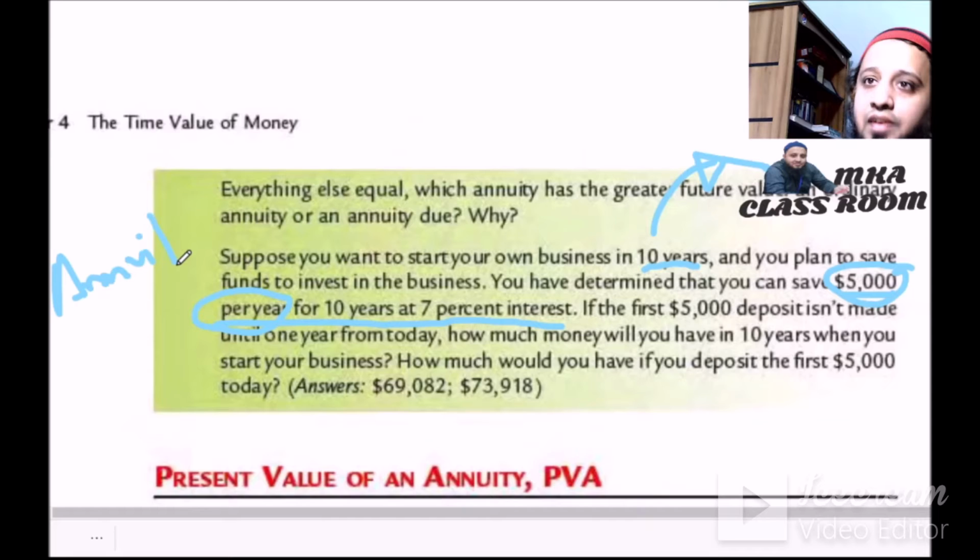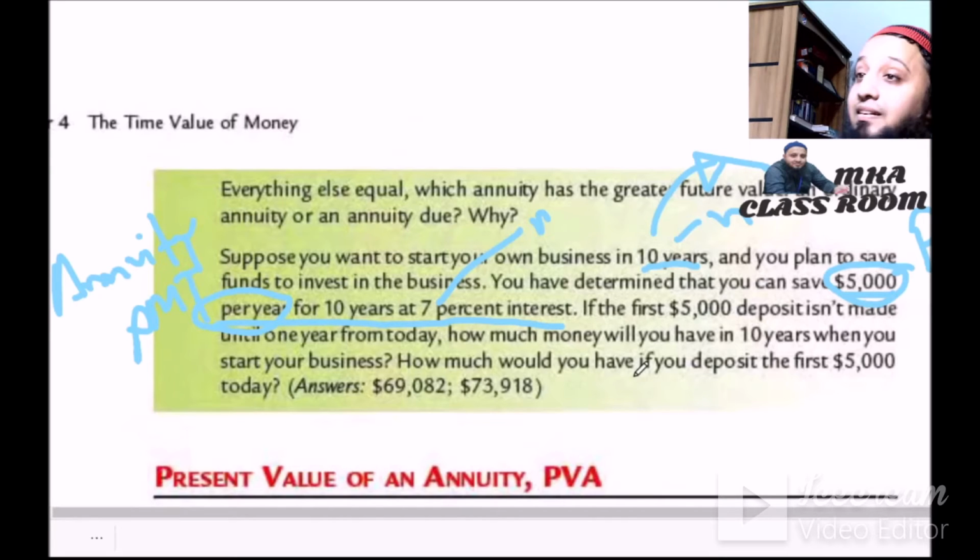You save 5,000 per year for 10 years at an interest rate of 7%. So 10 years is the value of N, 7% is the value of R, and 5,000 is your PMT. The question is, how much fund will you have at the end of 10 years?